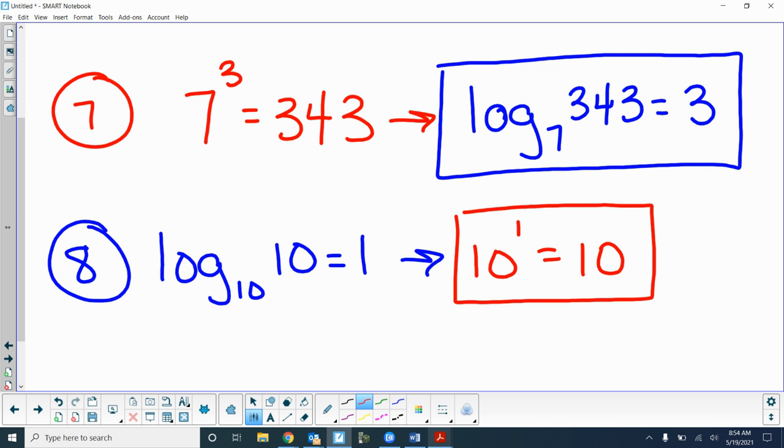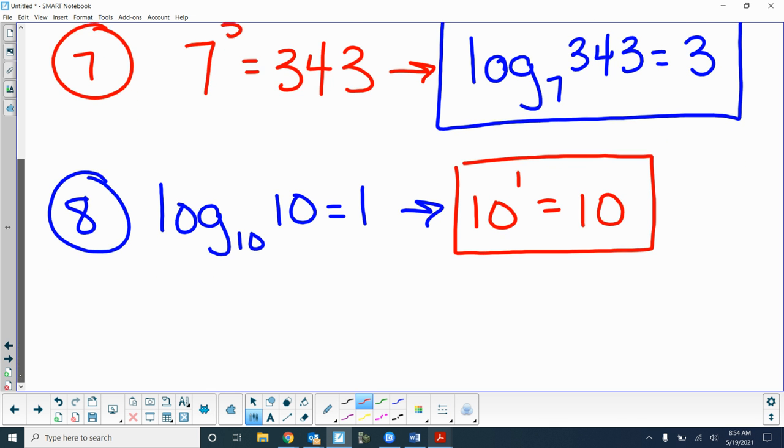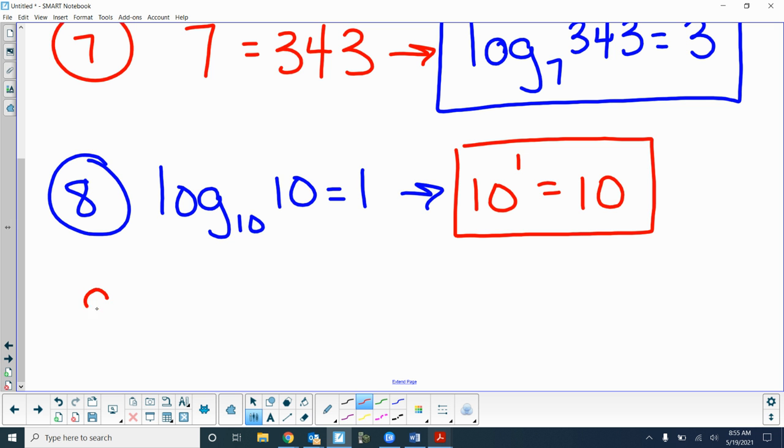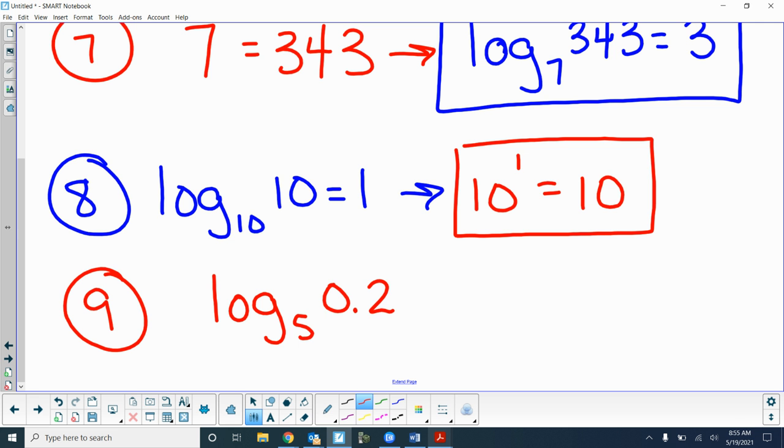Okay. Now, number 9 says use mental math. You're not going to have to use mental math. All right, so this is log base 5 of 0.2. We're going to use what we learned after we did all this mental math stuff. Okay, we use what we call the change of base formula. So write this.